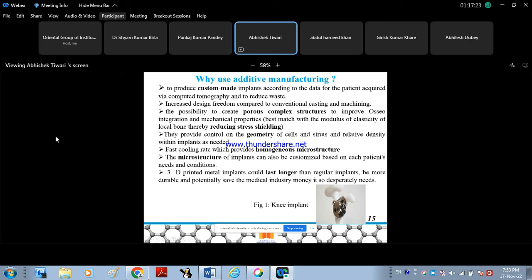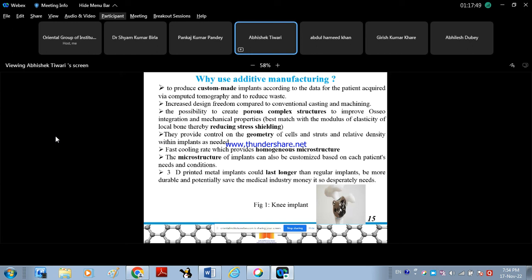We want to replace these implants with magnesium implants, because the rate of dissolution of magnesium is very, very fast. So we want to control the rate of dissolution of magnesium in blood, and we want to make it equal to the bone growth.